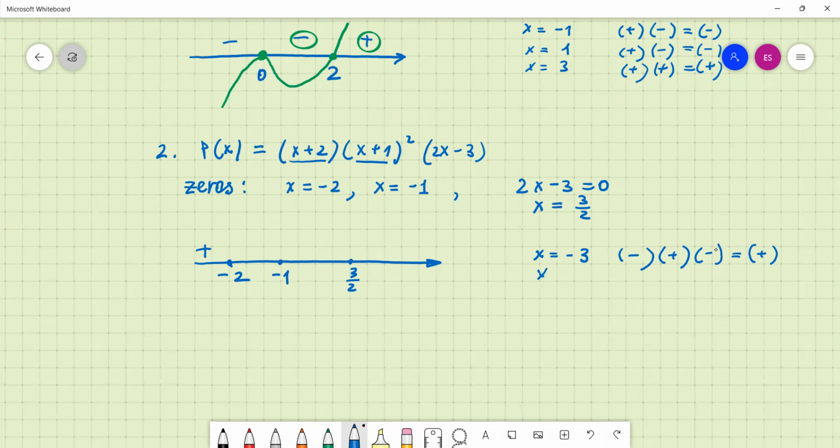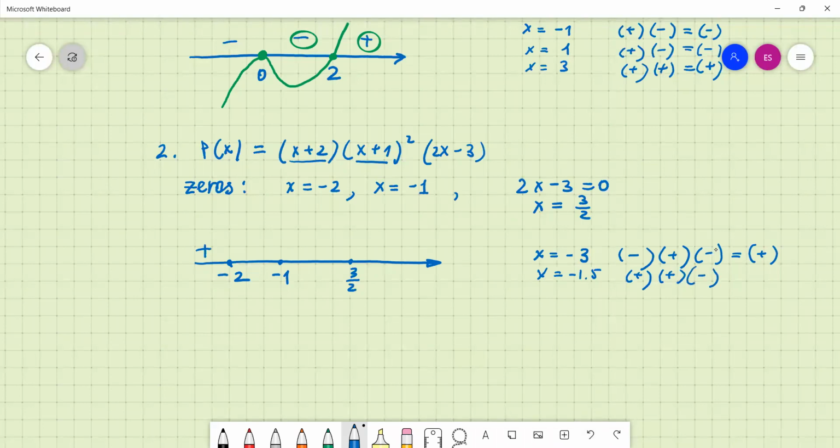X between -2 and 1. Well, I don't know which one to use, but I'm going to use -1.5. -1.5 plus 2 is plus. Square is always plus, and -1.5 multiplied by 2, minus 3 is still minus.